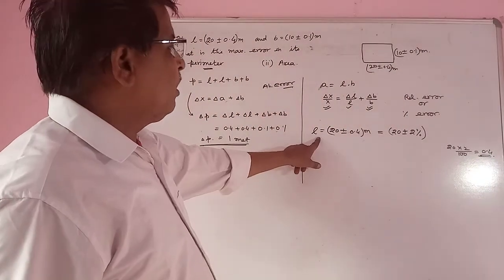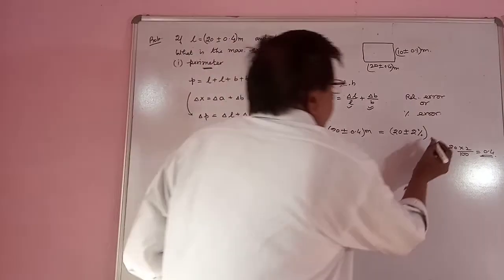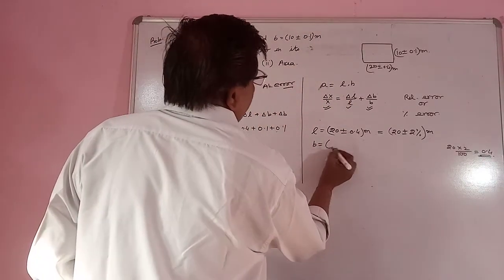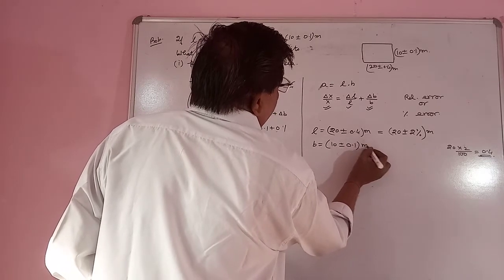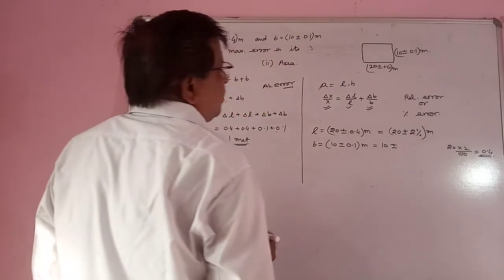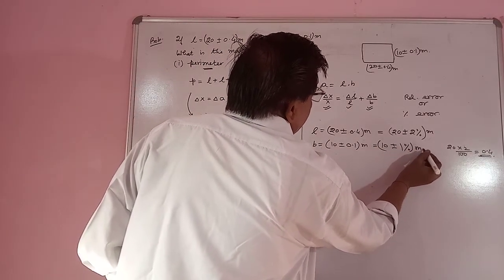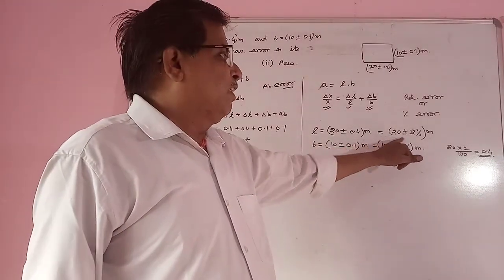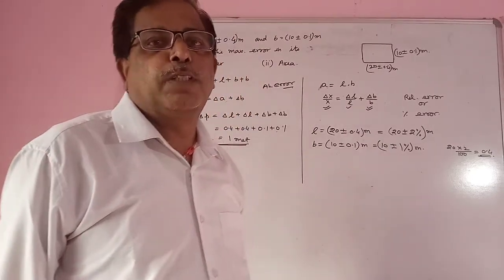So it may be written as 20 plus minus 2%. In the same way, B equal to 10 plus minus 0.1 meter means 10 plus minus 1%. So 20 plus minus 2%, 10 plus minus 1%.